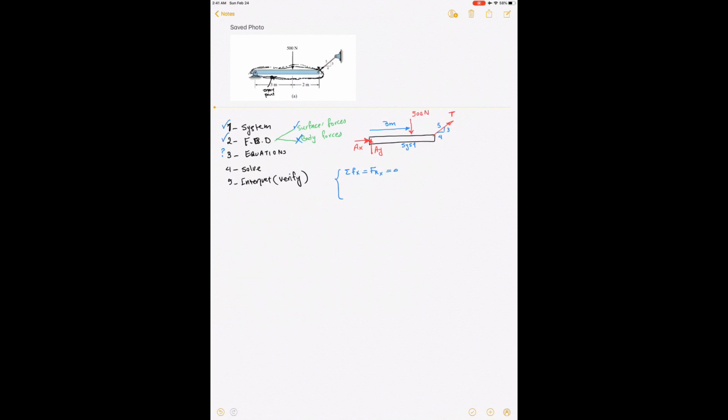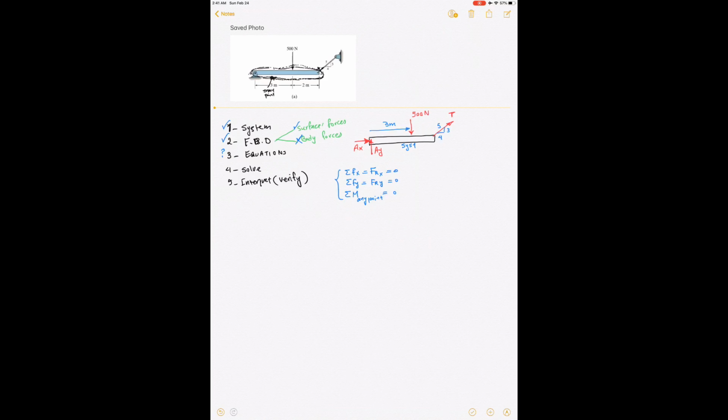It should be 0 according to the law of equilibrium. Summation of force in y, which is the resultant force component in y, should be 0, and summation of moment about or around any point should be 0. So these are the equations of equilibrium, right?